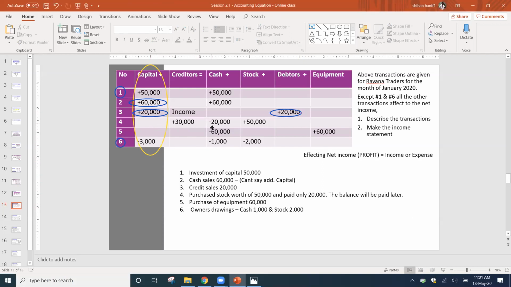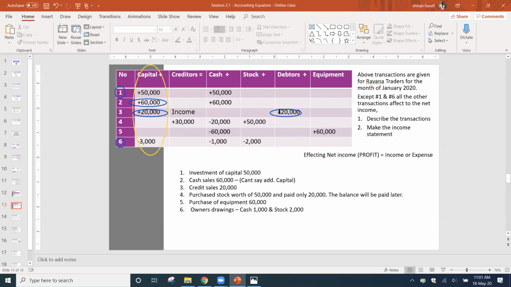So is the profit 20? What is the profit, guys? How much is the profit? How do you calculate the profit?